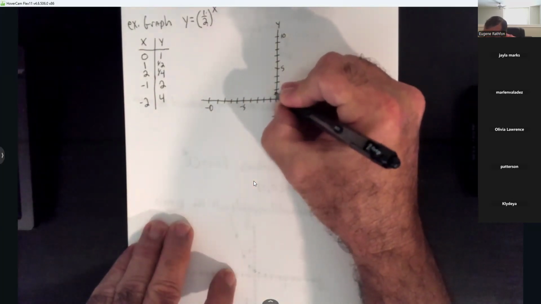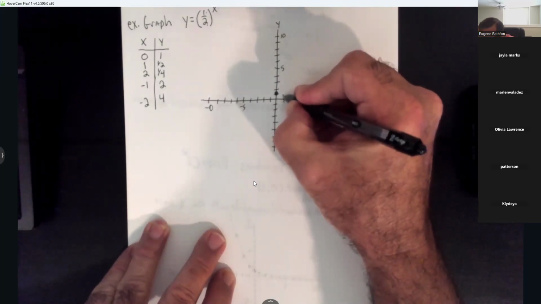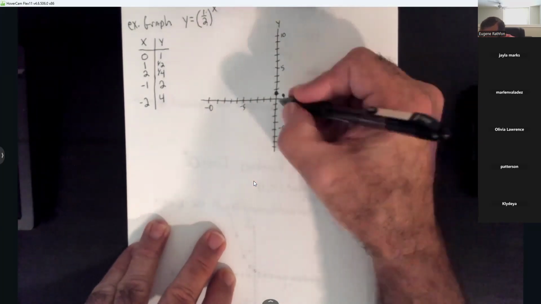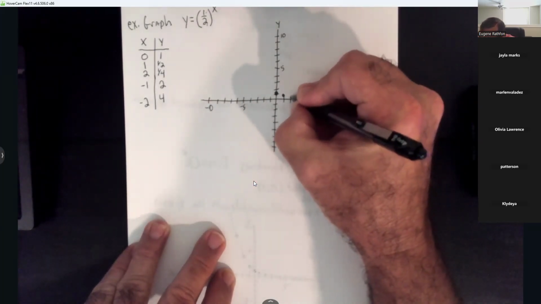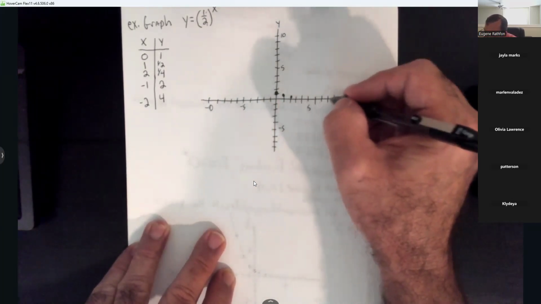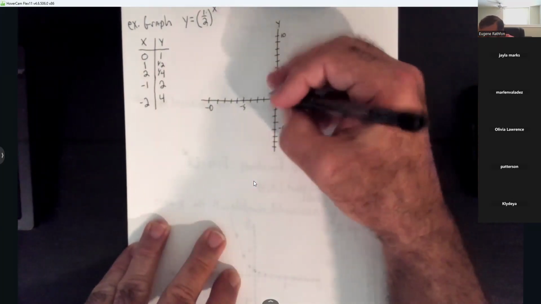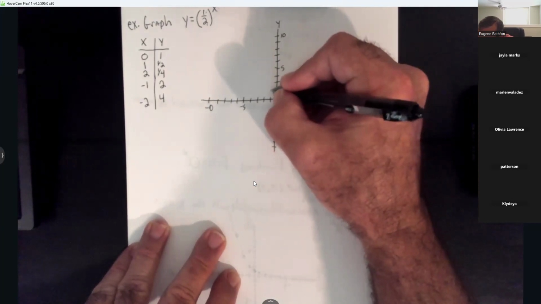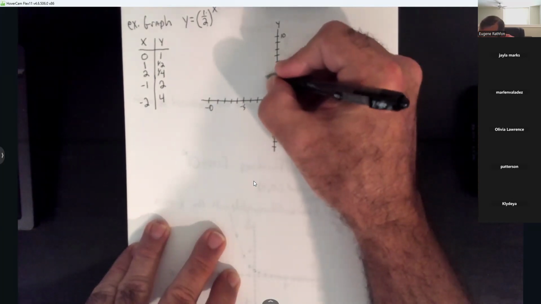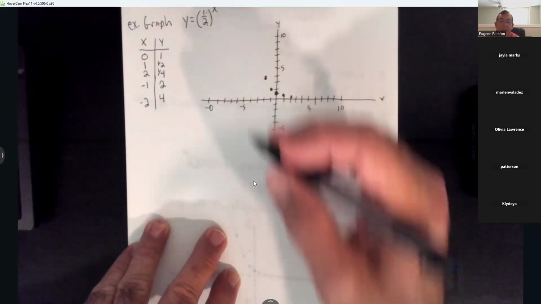So we said they all cross through there on the basic graphs. 1 and 1/2, so that's about halfway up between 0 and 1. At 2, I was at 1/4. So that's even closer to the x-axis. So this right side is the side that's going to form the asymptote. So at -1, we were at 2. At -2, I was at 4. -3 would put me at 8, and so on.